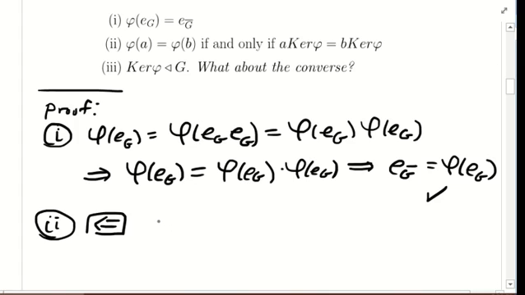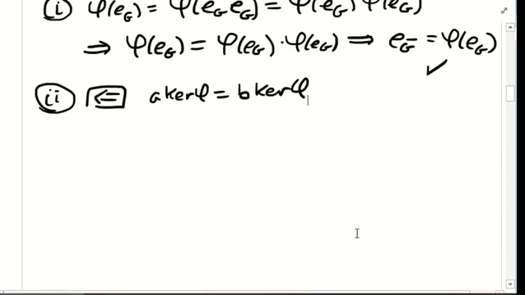So if the coset of A, sorry, the coset of the kernel with representative A is the same as the coset of the kernel with representative B, that's if and only if A inverse B is in the kernel.